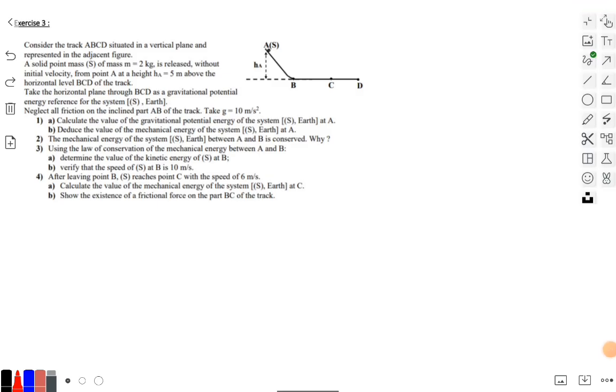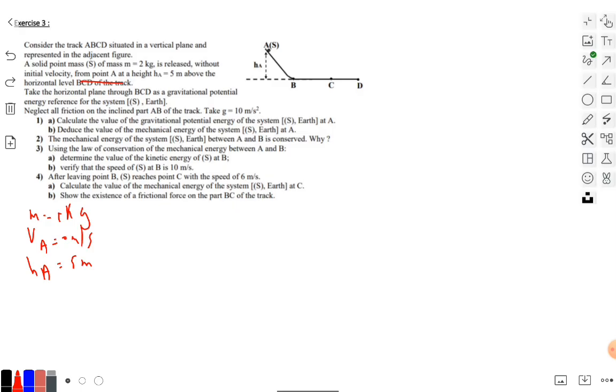Exercise 3. Consider the track ABCD situated in a vertical plane and represented in the adjacent figure. A solid point mass S of mass m equal to 2 kg is released without initial speed from point A, so v_A is equal to 0 meters per second, at a height h_A equal to 5 meters above the horizontal level BCD of the track.